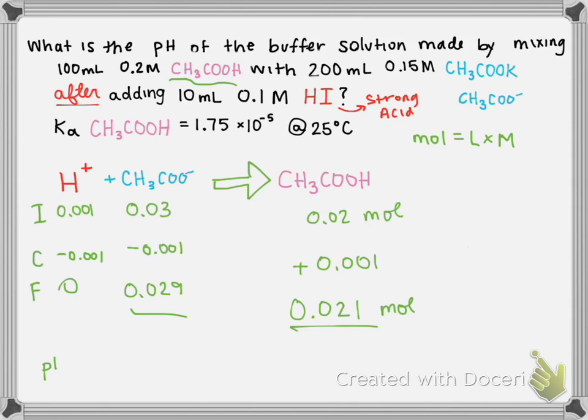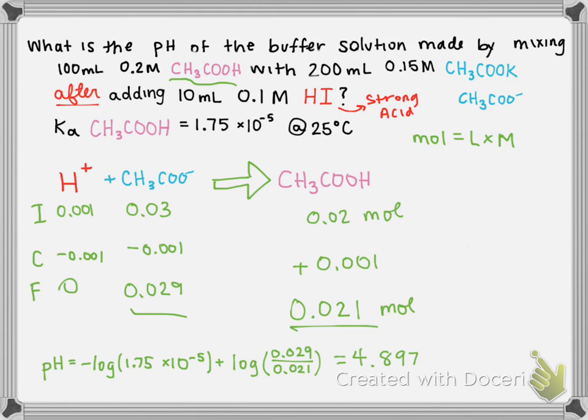So we'll have pH is equal to pKa, which is going to be the negative log of the 1.75 times 10 to the minus 5, plus the log of our base, which is going to be the acetate, divided by the amount of our acid, which is acetic acid. And we end up with a pH of 4.897.